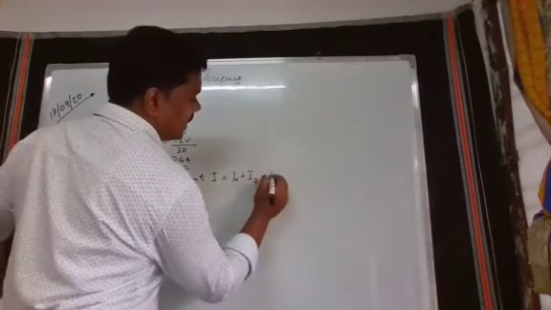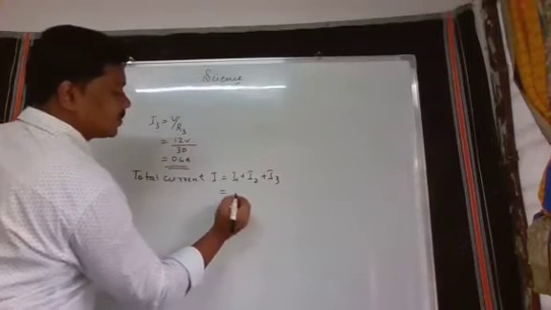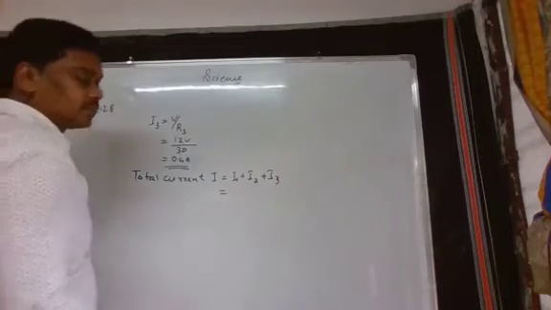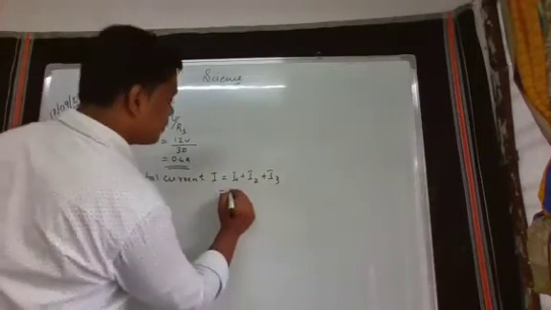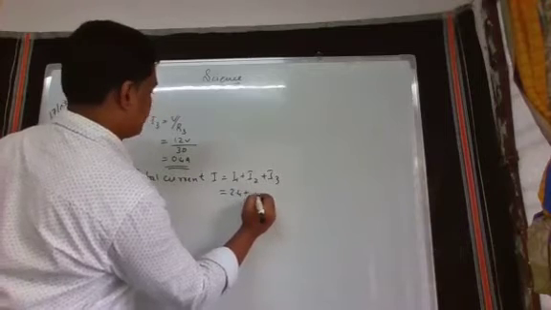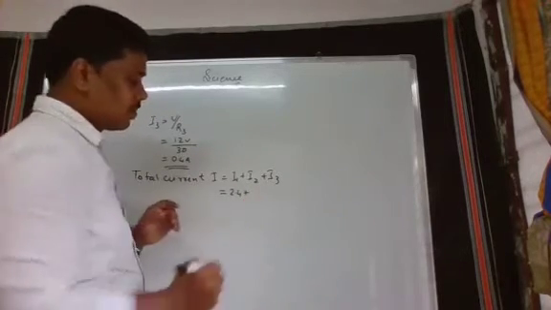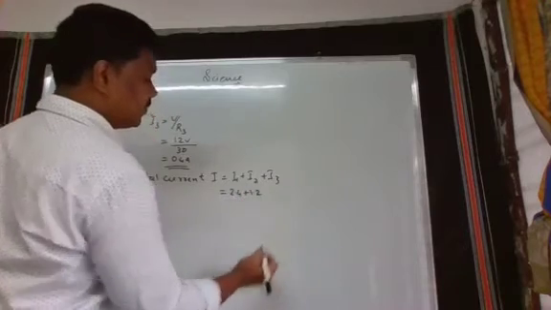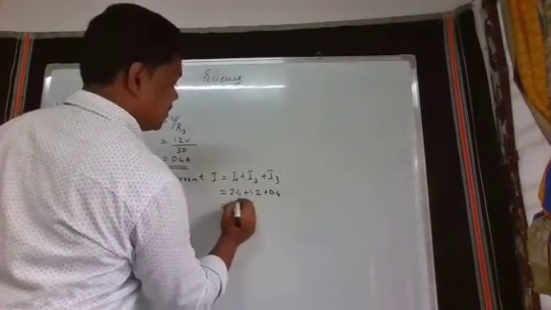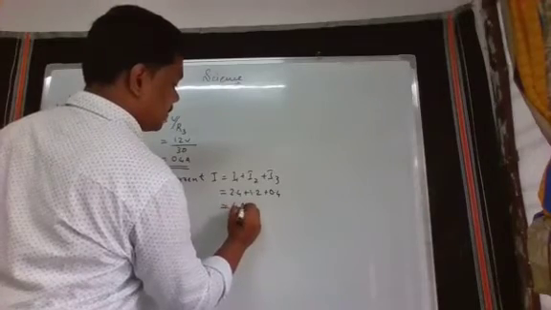That is 2.4 plus 1.2 plus 0.4. We will get 4 ampere. The current is 4 ampere.